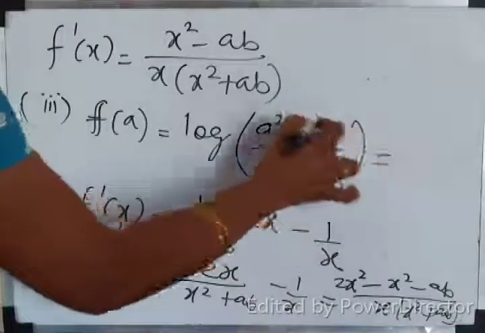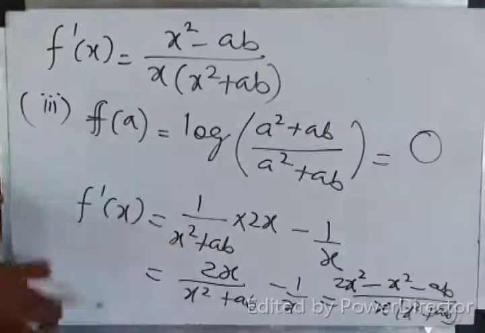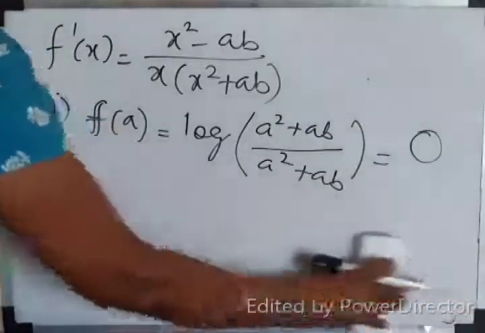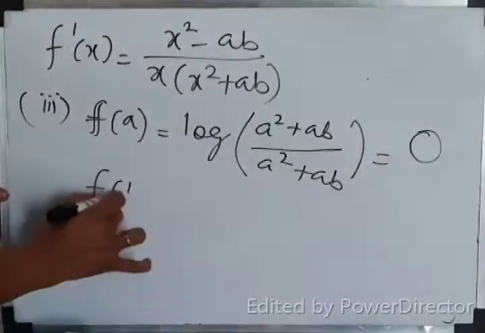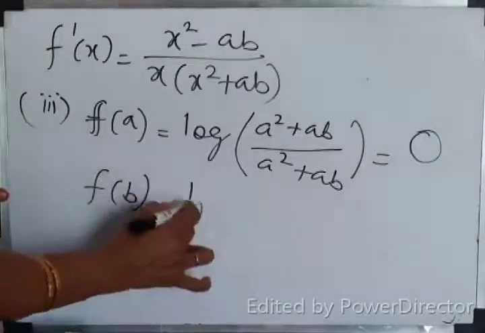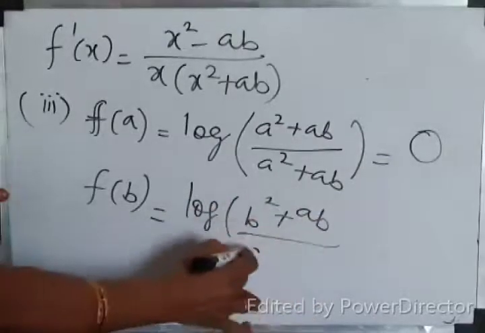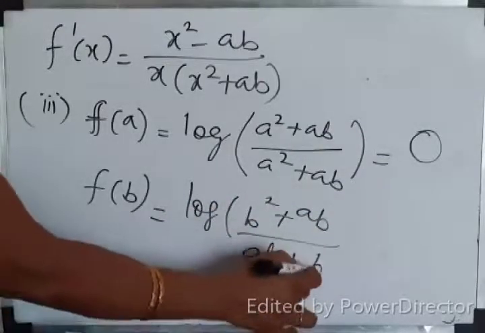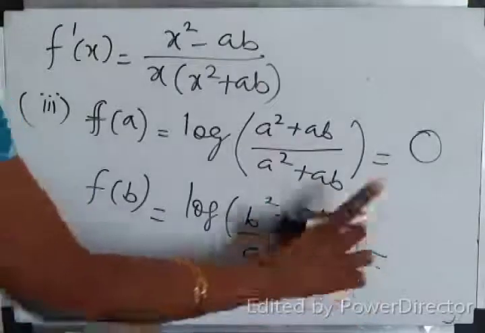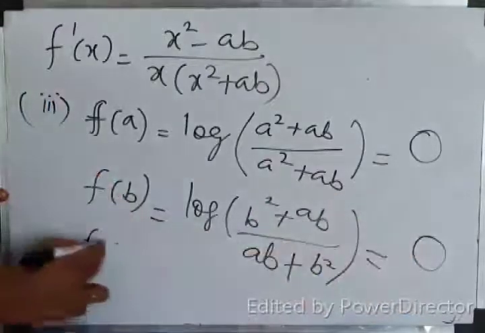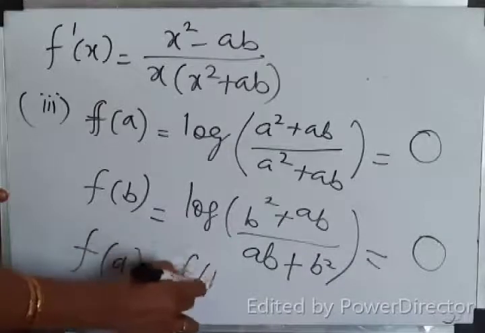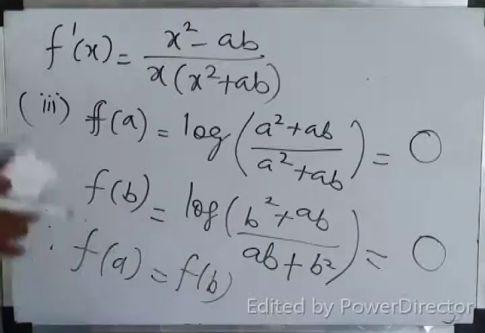So, I am getting log 1, 0. If you substitute f of b, what happens? Log of b squared plus ab by ab plus b squared. Again, log 1, 0. Therefore, f of a equal to f of b. Correct? My third step is also correct.